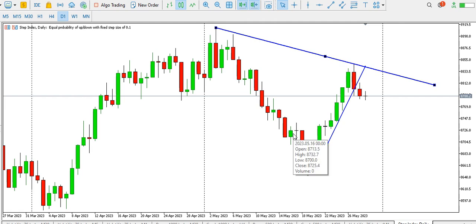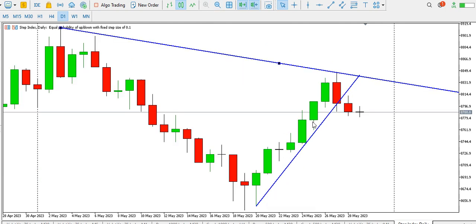For Step Index on the daily time frame, we can see that the price has been moving upwards until we had this bearish engulfing candlestick pattern, and the price dipped yesterday, and more like this is our confirmation candlestick that price might likely retrace.